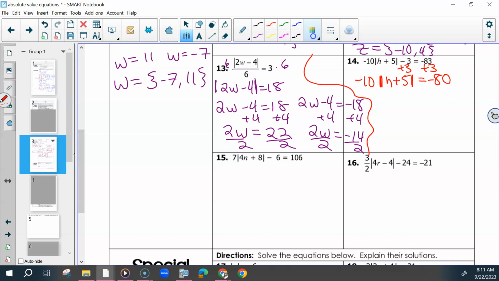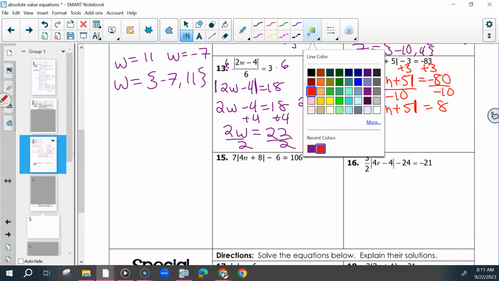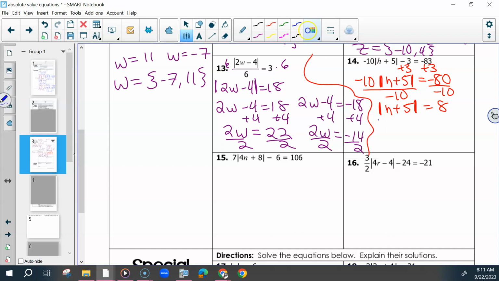Are we there yet? Is it isolated? Now we can divide. Now we can drop the lines. We could not have done that before because it was not isolated. And make sure you have the other one.